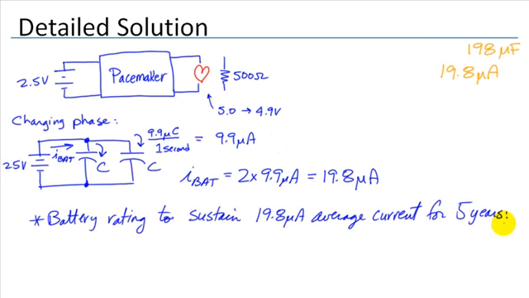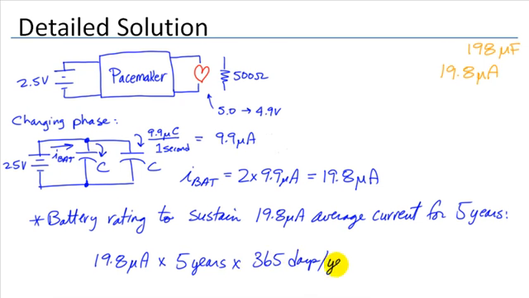Now we're looking for a battery rating that can sustain this average current for a pretty long time, 5 years in fact. The idea is that we don't want to have to do a surgical procedure very often to be able to replace that battery.